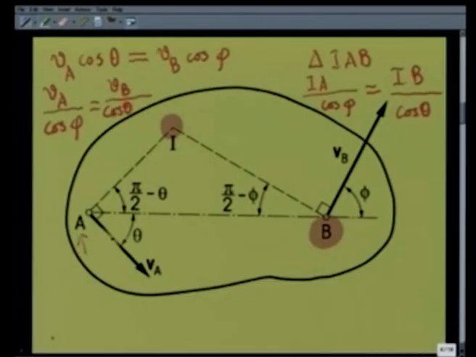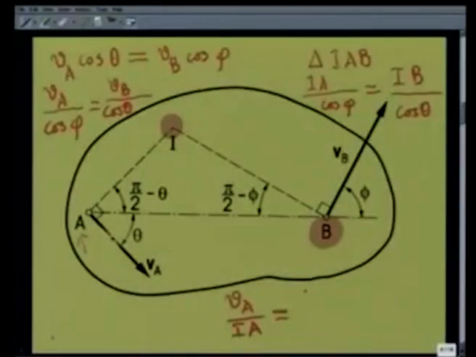And from the geometry we get Ia by cos phi is the same as Ib by cos theta. So, I can easily write Va by Ia is the same as Vb by Ib, and this ratio I call omega, that is the angular velocity of the rigid body.